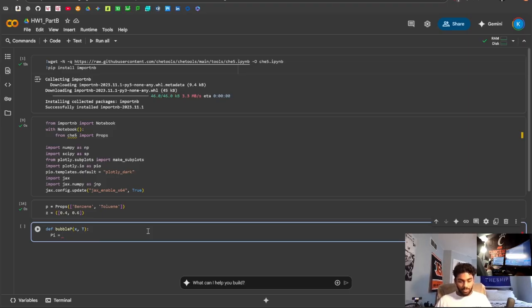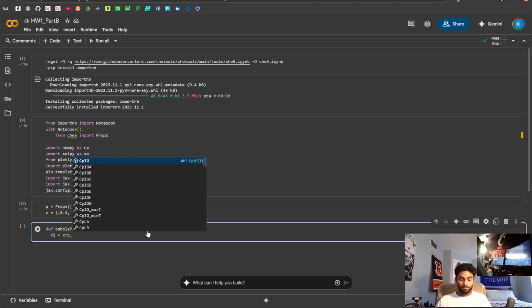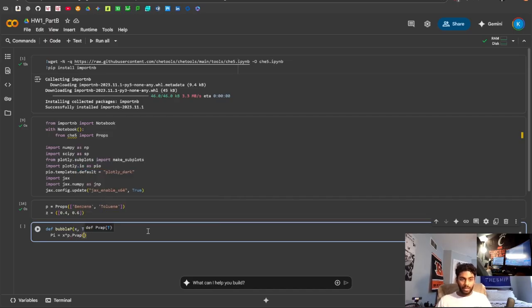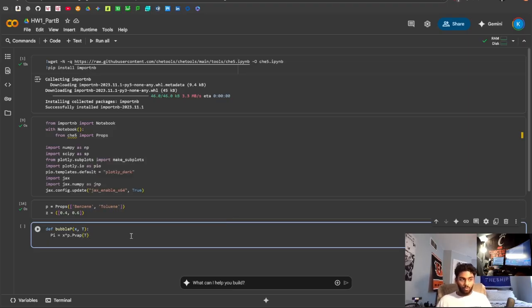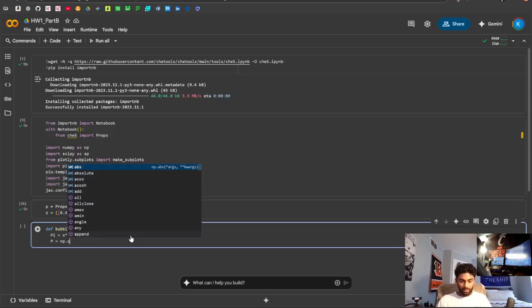So this is equal to our x times our saturation pressure at the given temperature, so P dot P vat at T. And we want our final sum, so P is going to equal the sum of the array.